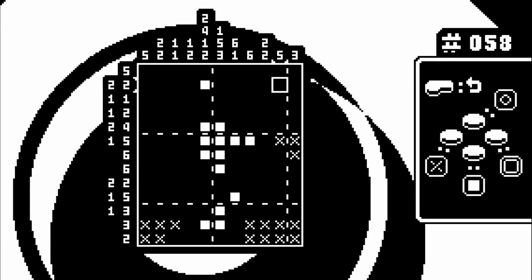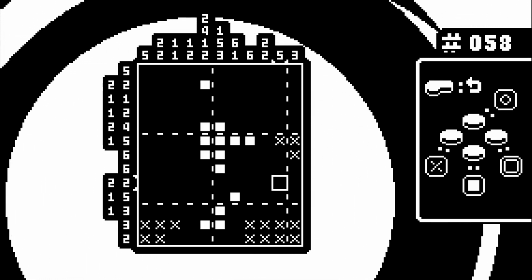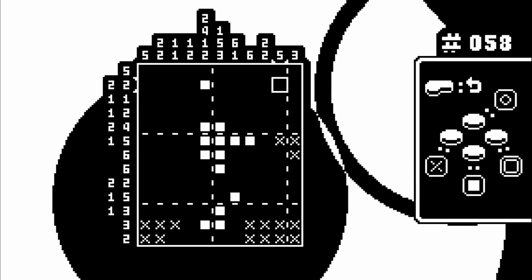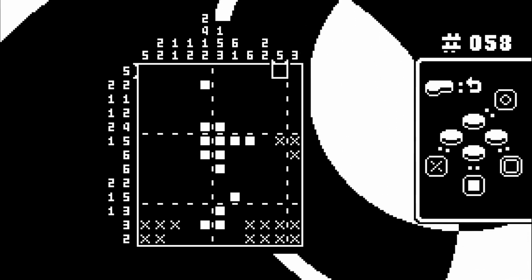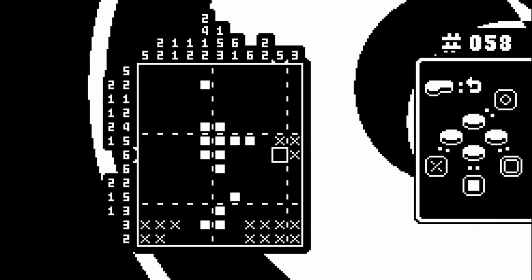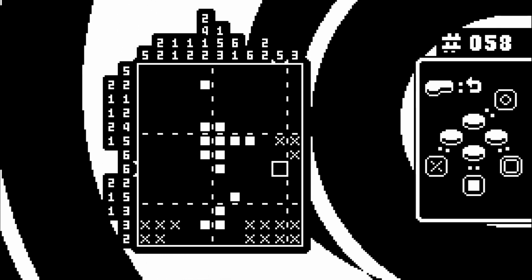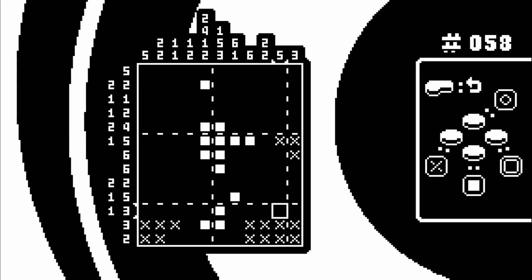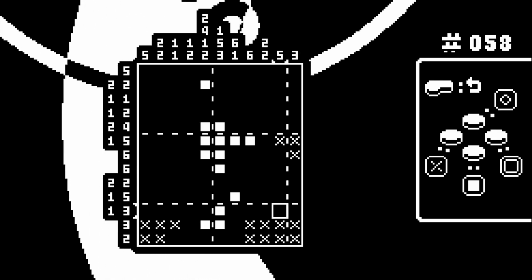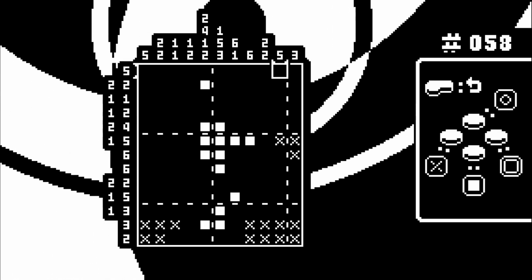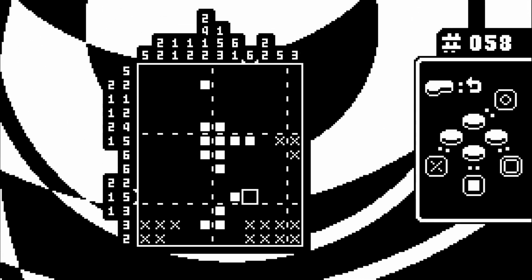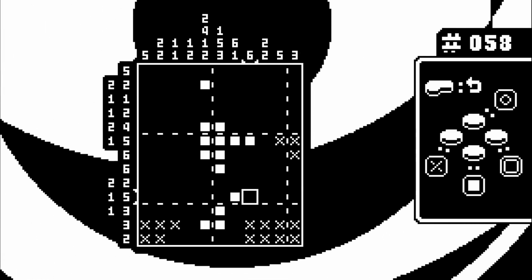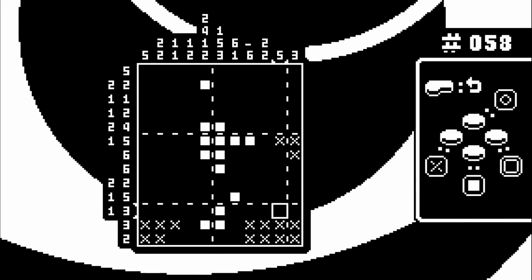So this 5 is either all of these and none of these, or all of these and none of these. But I don't think knowing that helps me with anything. As if I can place an X anywhere in this column, that will... no. That would give me some insight.